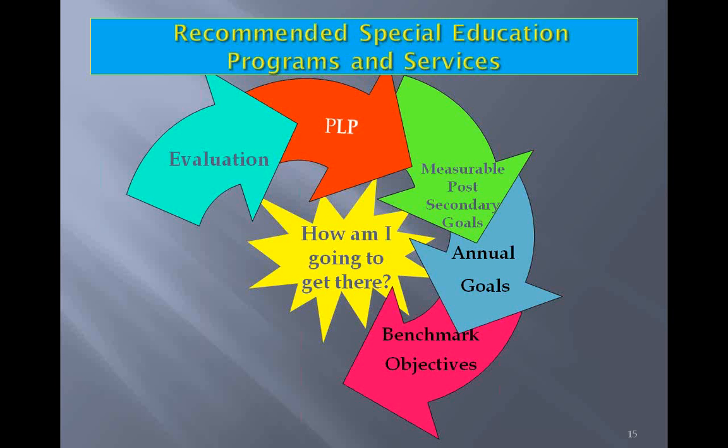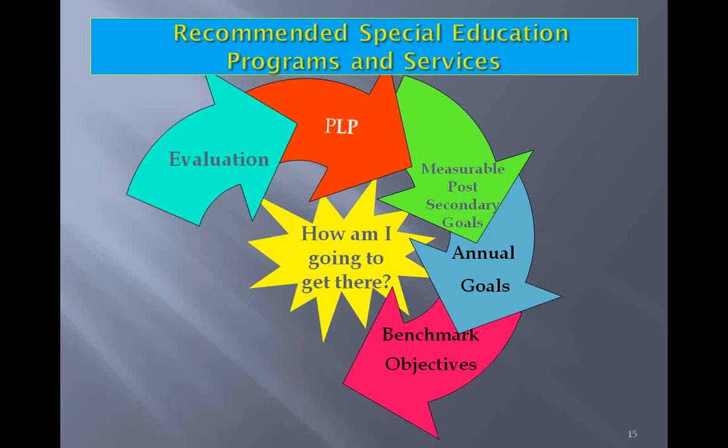But an objective may break that down into a sub-skill. So it will say, by the end of September, John will be able to underline the nouns of a sentence, or John may be able to underline and identify the main idea of a sentence. So it takes a bigger goal and breaks it down into smaller pieces.